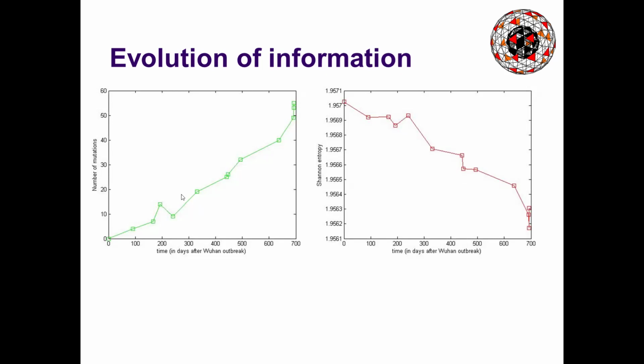The genotype of the COVID virus, of any virus for that matter, is not static, but its assembly process or its evolution indicates the evolution of information. This is the fact of nature.